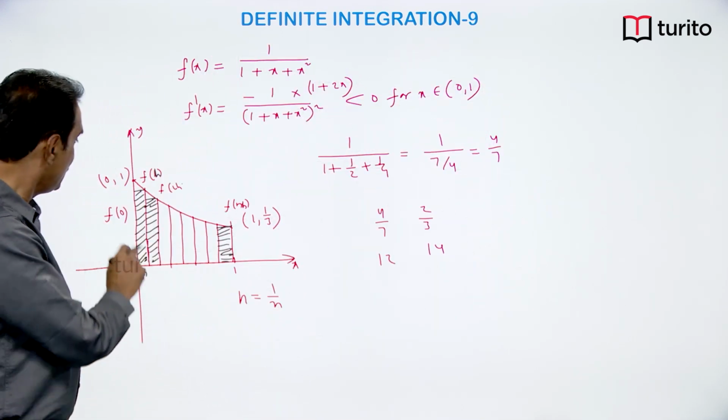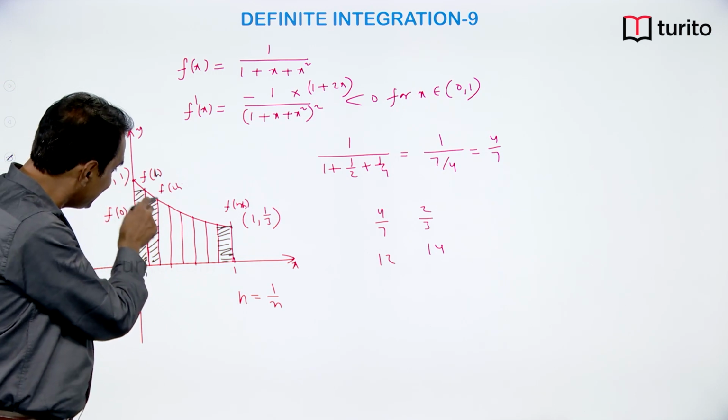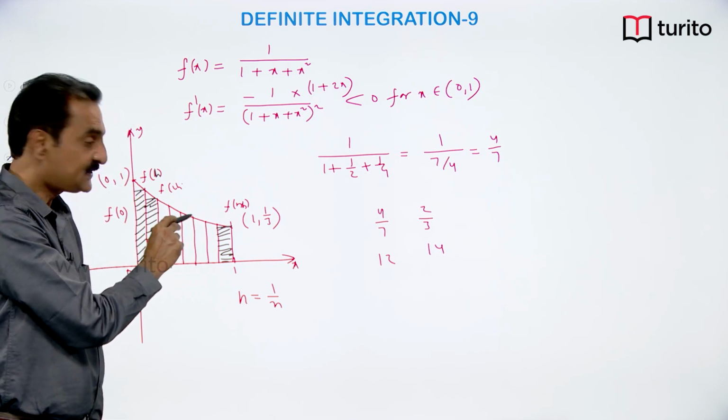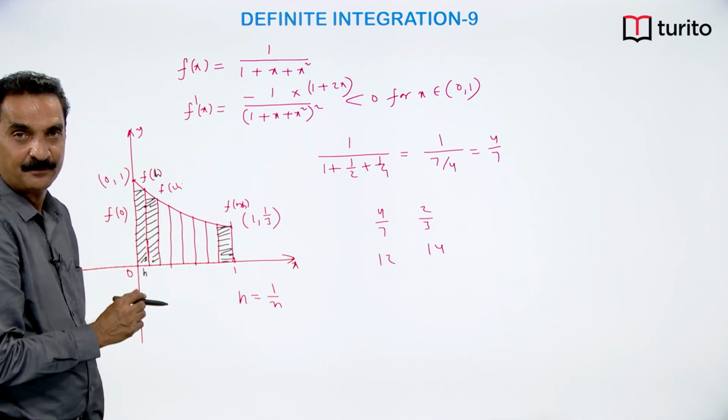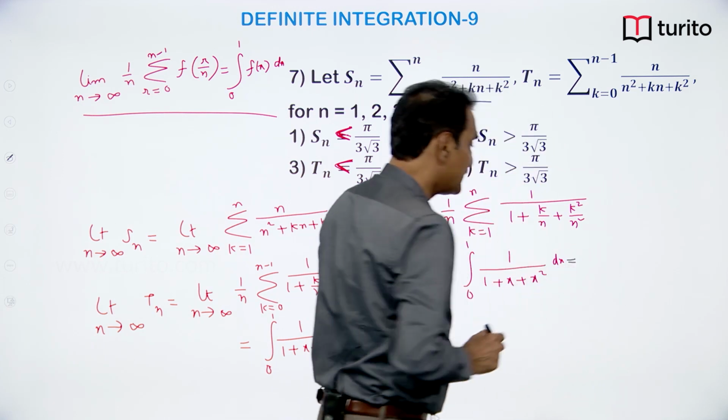Now, clearly the sum of the shaded areas, the sum of the rectangles, is less than the actual area bounded by the curve f of x and the x axis in the interval 0 to 1. Let us calculate this integral. How to calculate this integral?